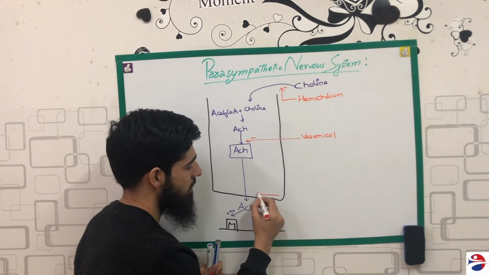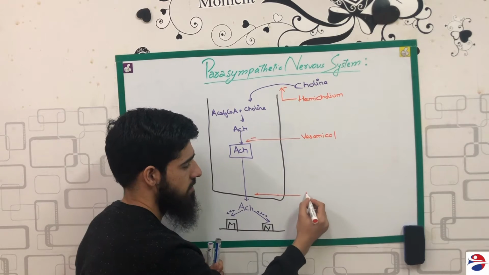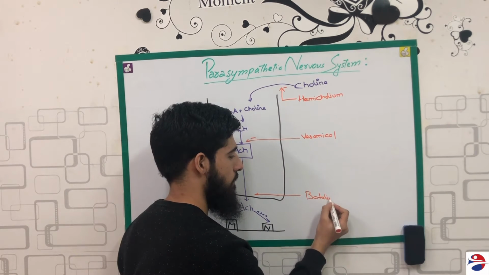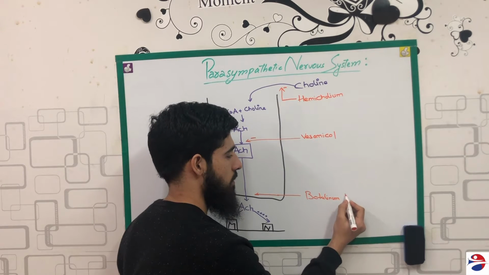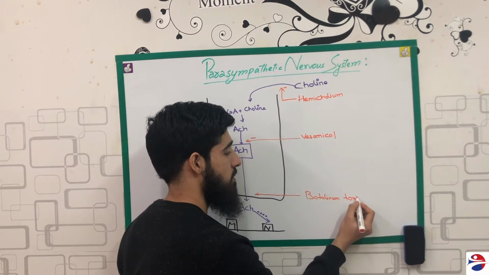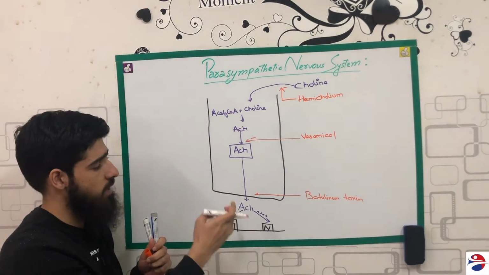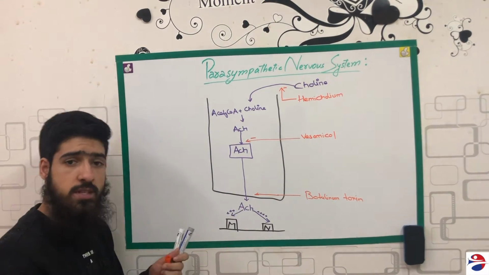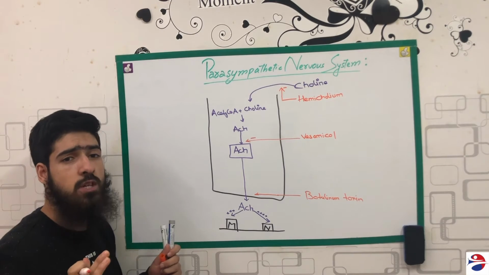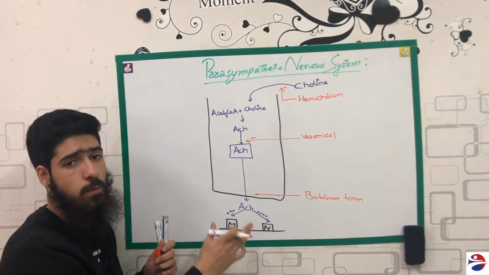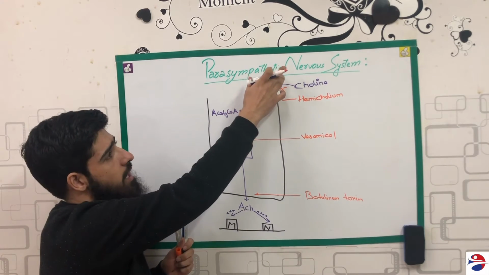Here we have another drug, botulinum toxin. It inhibits exocytosis of acetylcholine in the synapses. Once again, when there is no exocytosis, we have less availability of acetylcholine, and less parasympathetic activity.